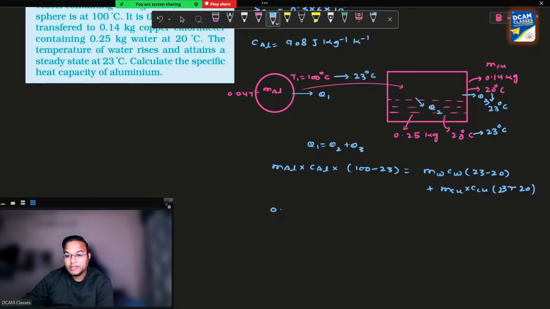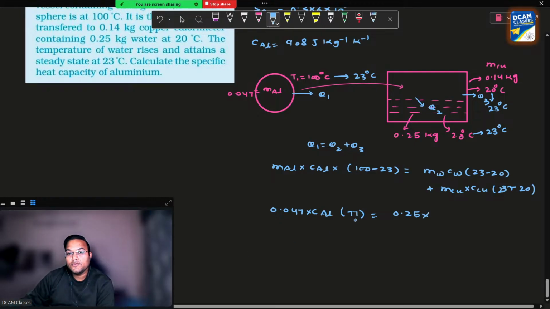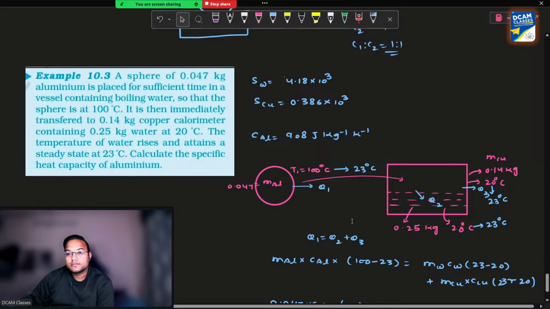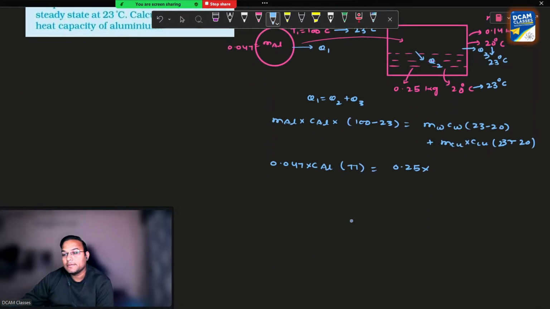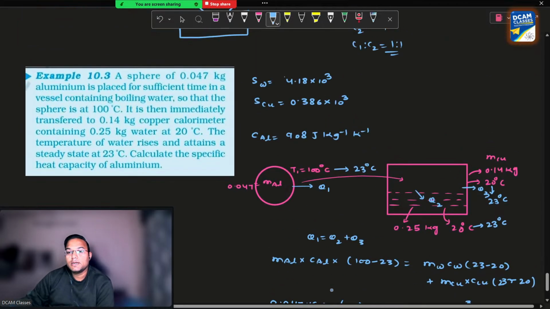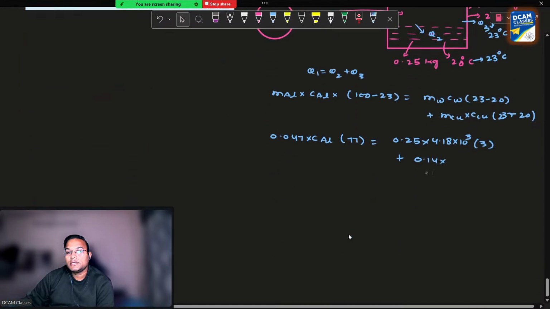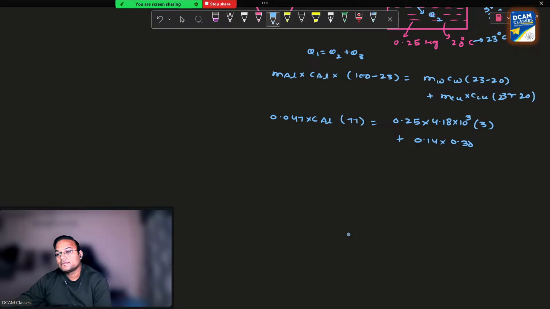Now what is given to us? This is 0.047. C aluminum we have to find. This is 100 minus 23, which is 77. Water is 0.25 kg. The C of water is 4.18 into 10 power 3, into 3, plus mass of copper 0.14 into the copper specific heat 0.386 into 10 power 3, into 3.